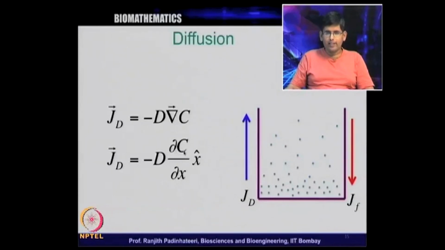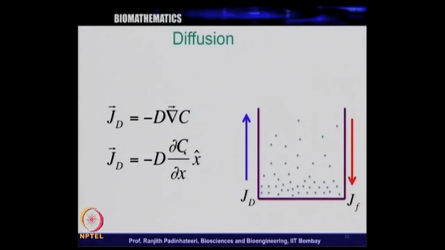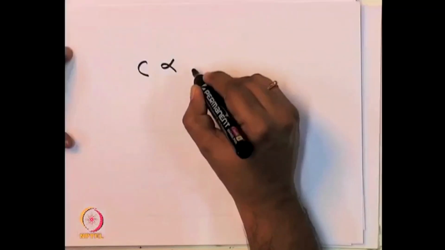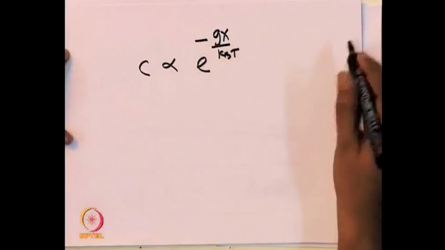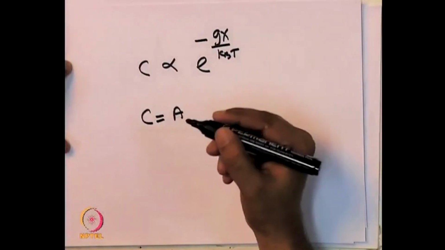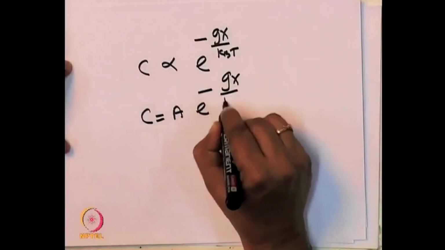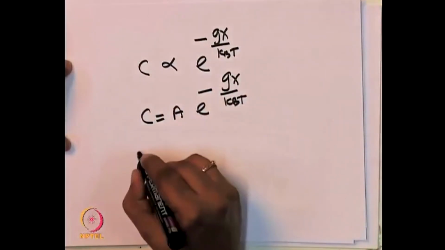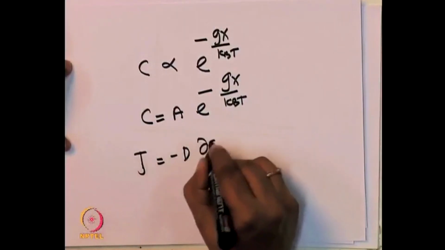We just saw that C is proportional to e power minus gx by kbT. So that means C is some constant A times e power minus gx by kbT. Now we also said that J is minus D del C by del x.